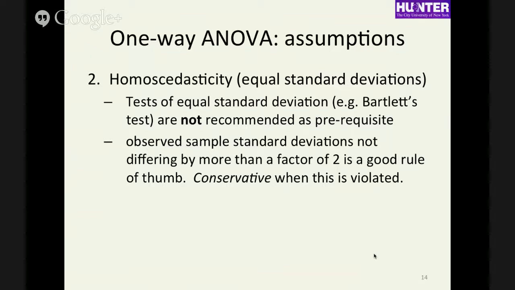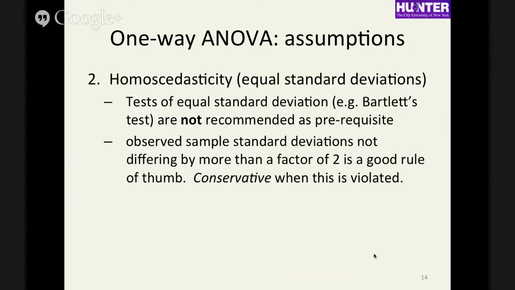But you can just look at the standard deviations, you can calculate them, and if there are no differences greater than 2, then again, it's not a big deal. If they are extremely different, then you might need a different method, again, a non-parametric method.